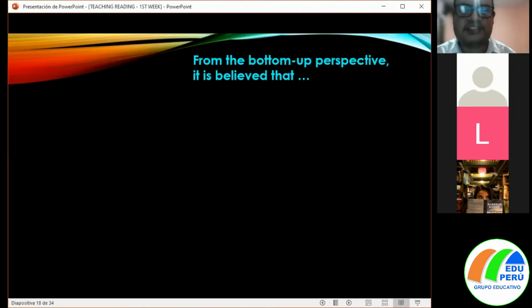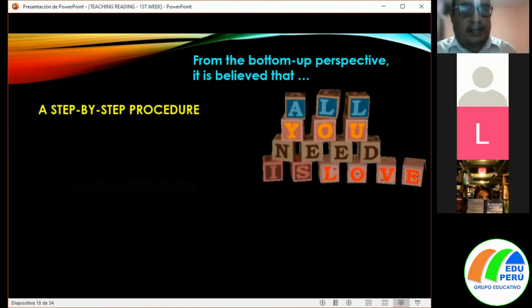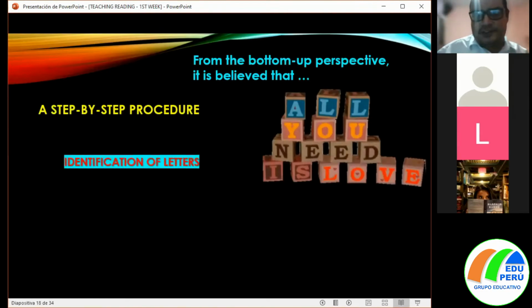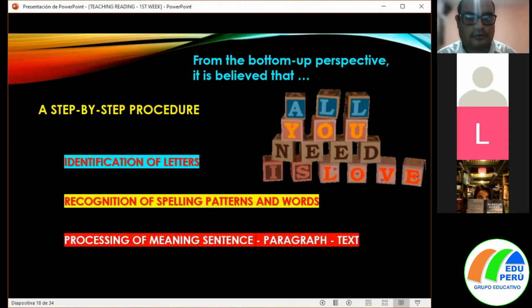From the bottom-up perspective, it is believed that it is a step-by-step procedure. So notice how we are going to do this. First, you need to identify letters. Then you have to recognize spelling patterns and words. Then you're going to process the meaning of sentences, paragraphs, and text.